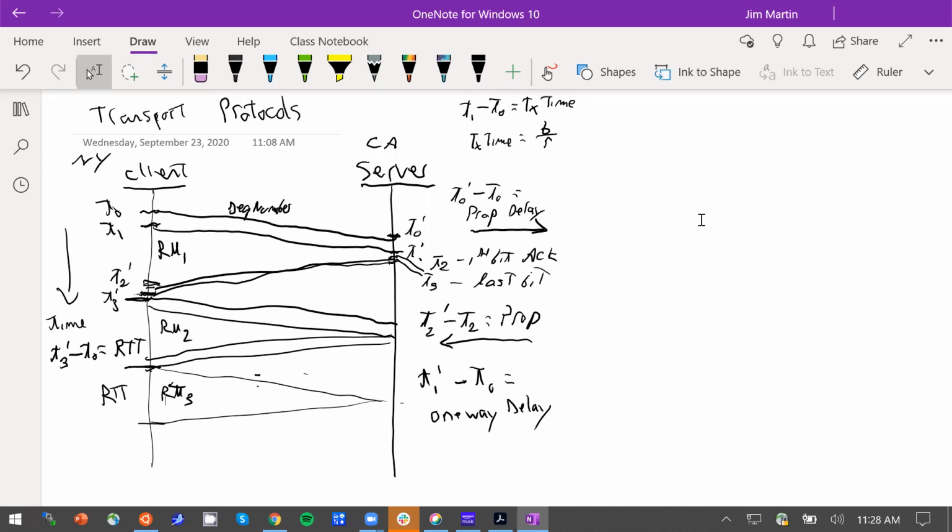So added to the picture a bit, we now see our transport protocol, whose job is to send one message at a time forever. Okay, and so this is referred to as a stop and wait protocol.